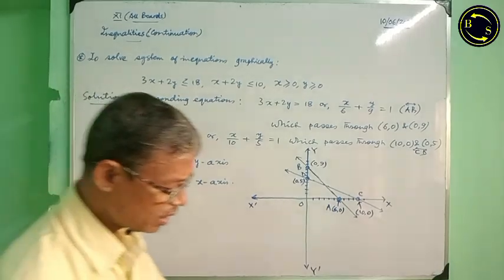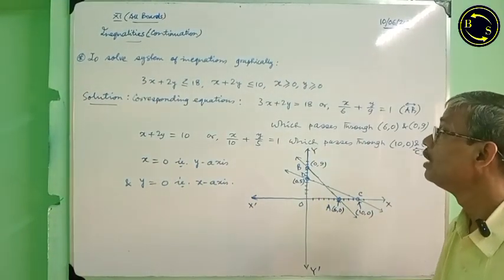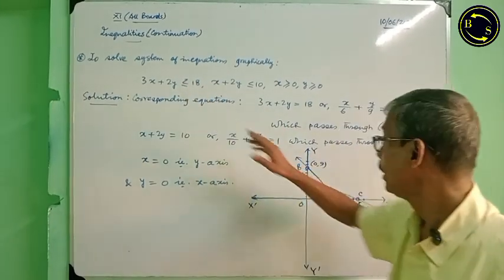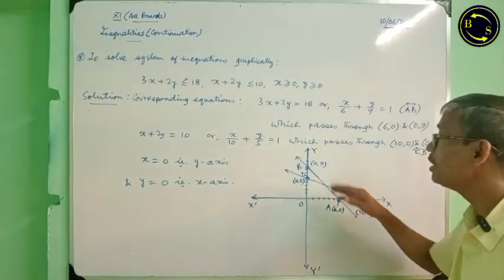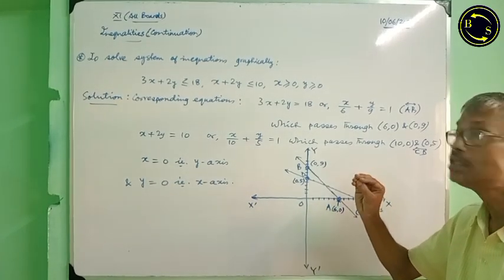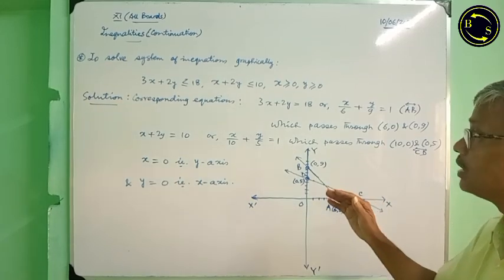Now we have to determine separately the solution region. For this inequation, as the straight line AB is not passing through the origin, we take the origin for checking or for determining the solution region.